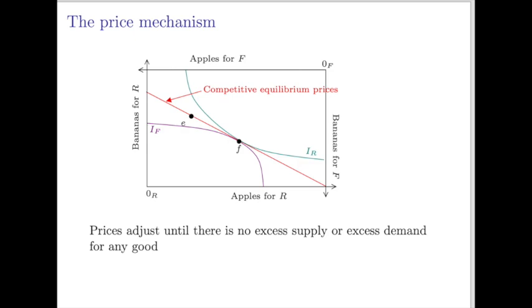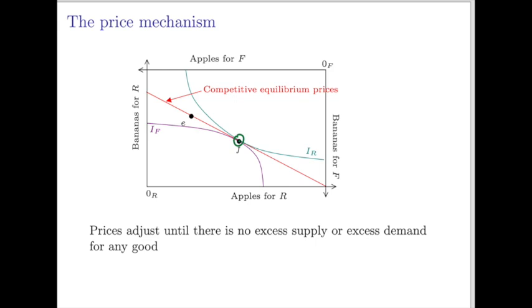And if it so happens that the prices are such that there's no excess demand or excess supply of either good, that means that there's a point like F where when each of them maximizes their preferences and chooses their optimal bundle, those coincide to form a feasible allocation.